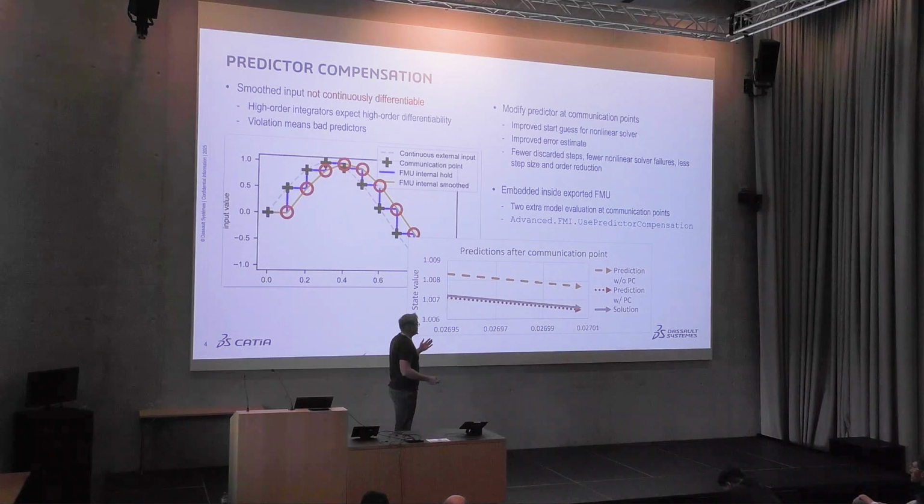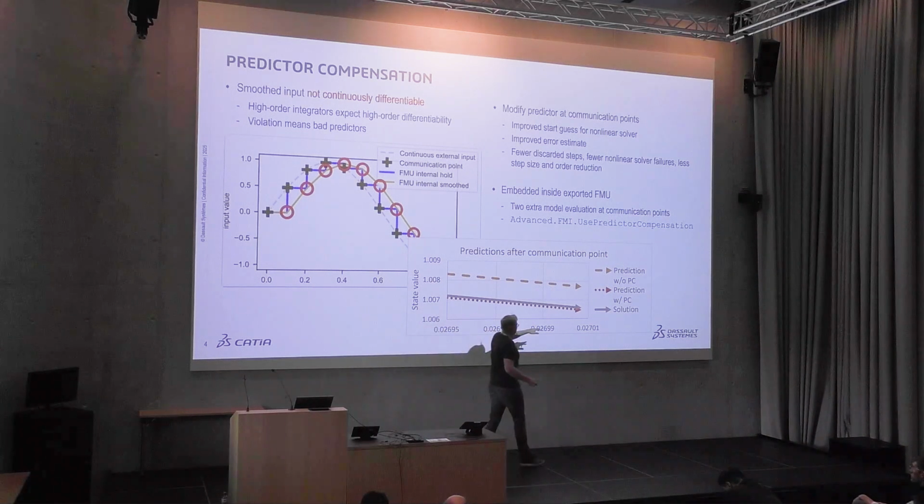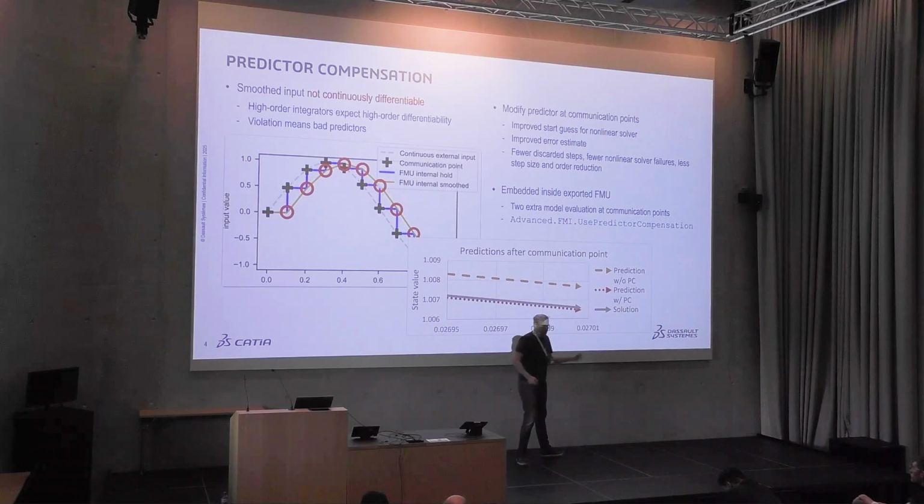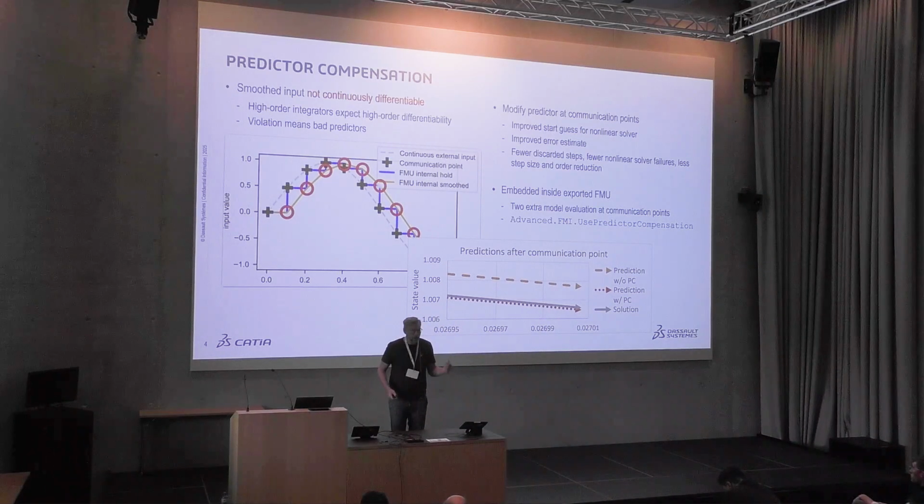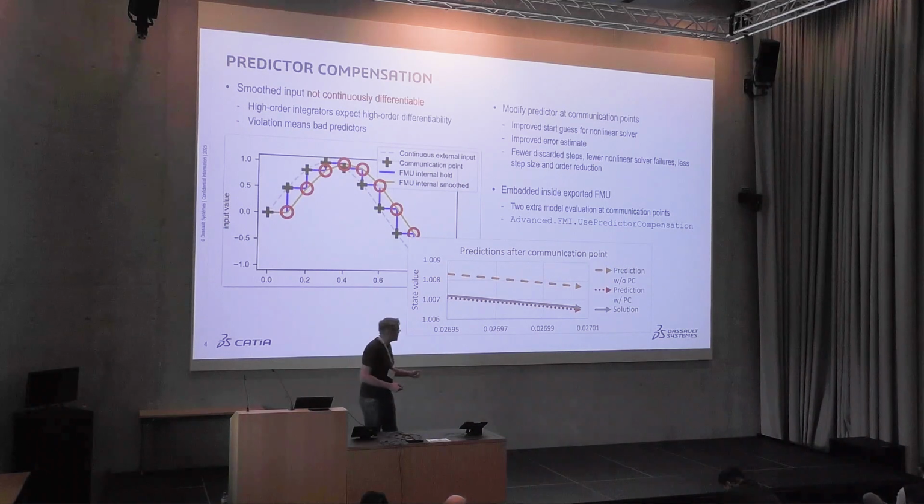And you can do predictor compensation, and you can come up with a better predictor, and that now helps Newton. It also helps with error control, because the error control in Sevode, Dassl, IDA, is all based on the difference between the predictor and the correction.